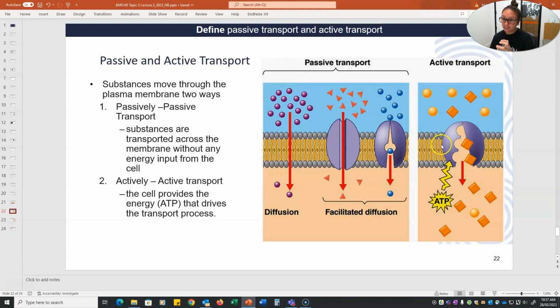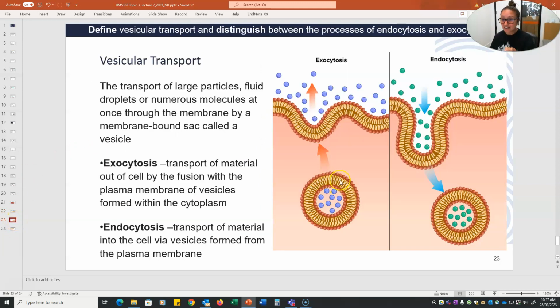Well, if you use energy, doesn't matter if you use protein, it's active transport, and then passive transport is, if you don't use energy, it can be with or without a protein. So there are different ways that we can get through this plasma membrane. One is just diffusion, another way is using a protein, and another way is using these bubbles or vesicles.